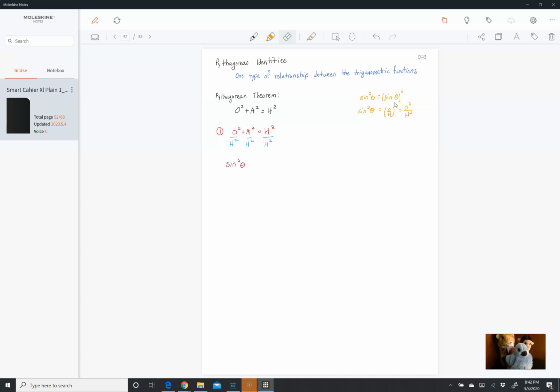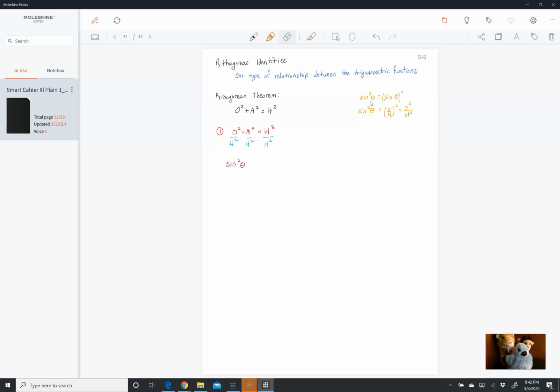And this will give you an idea as to why we don't use sine inverse of theta with the -1. We call it arc sine of theta, right? We use arc sine of theta. And the reason that we do that is because here we put the exponent between the sine and the theta. So that would be kind of saying that -1 is an exponent, but it's not, okay? We don't raise it to the -1. We don't use that notation.